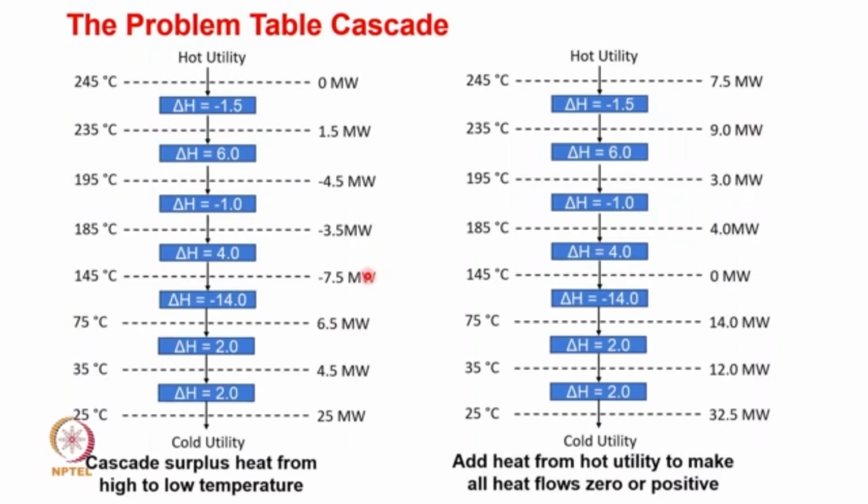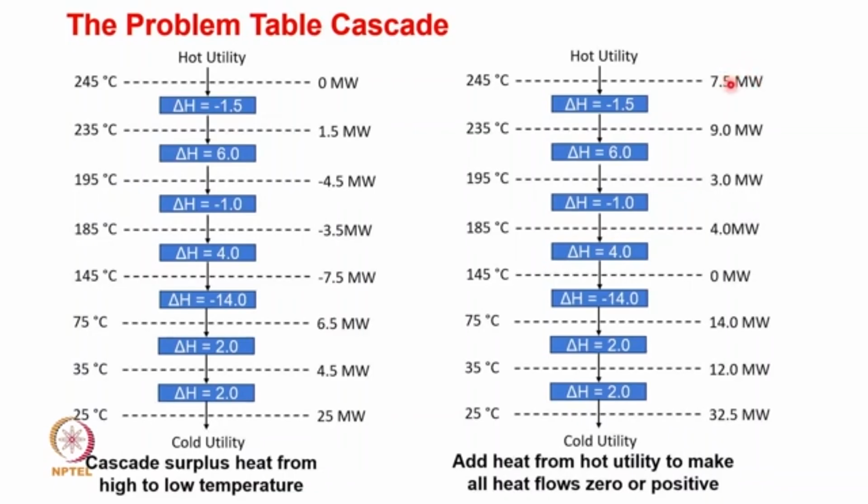Okay, so now what we need to do is make that 0 by adding an additional heat utility. The heat utility that we need here is 7.5. So to make minus 7.5 into 0, you need to add a heat utility of plus 7.5.